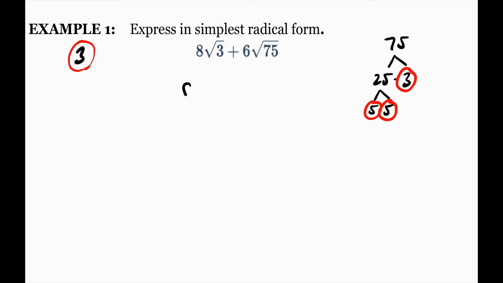So 8 times the square root of 3 can't be broken down. We said that. But this part can. I can change this to 5 times 5 times 3. Are there any pairs in there? Yeah, we've got a pair of 5s.